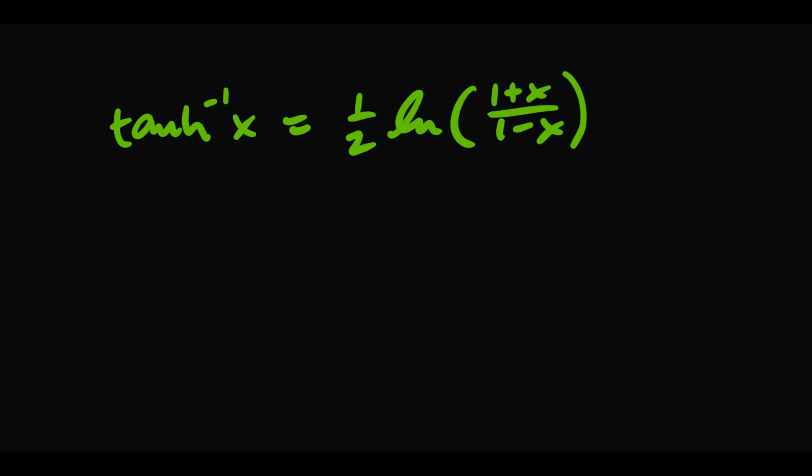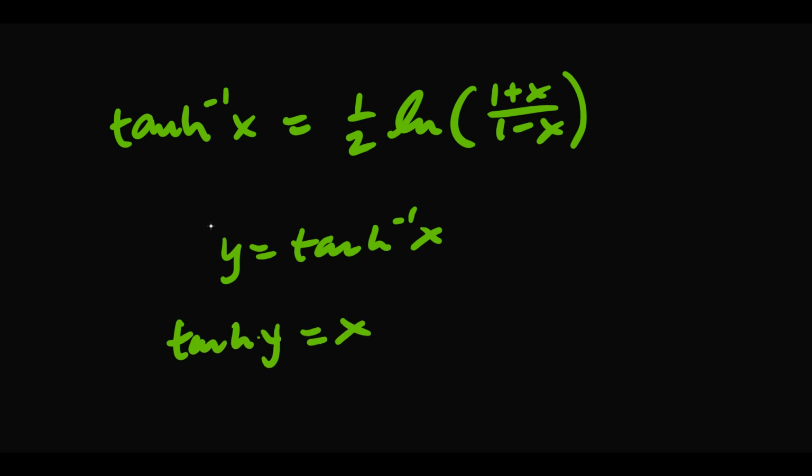All right, so here we are. Let's see what we got here. So I'm going to let y equals inverse hyperbolic tangent of x, and then if I take the hyperbolic tangent of both sides, I get this right here.